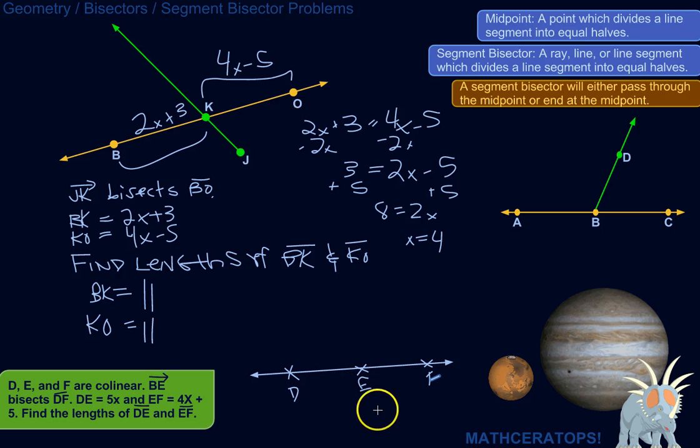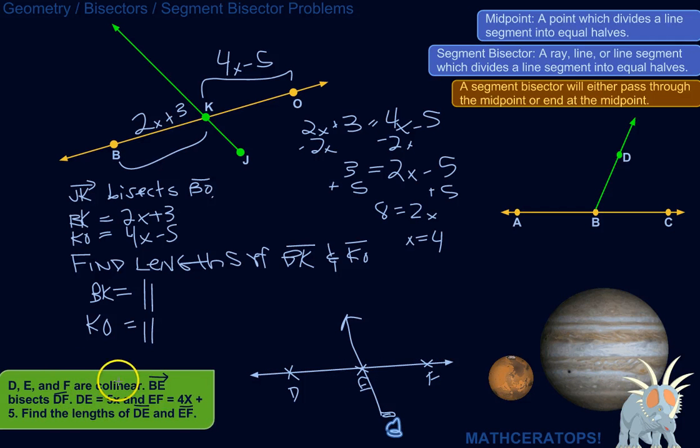So I've got a ray that's bisecting. There's a point B here. This ray BE is bisecting DF. That's why I know that E is the midpoint.